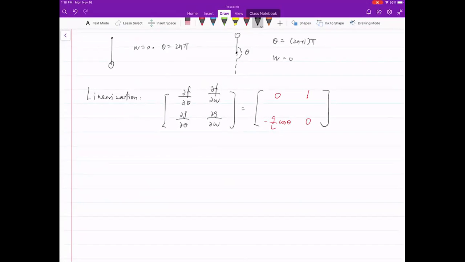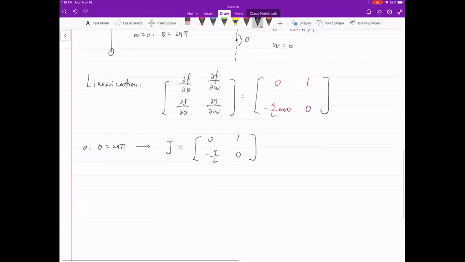That's your linearization. Now all you need to do is calculate your Jacobian at the first equilibrium. So let's put in 0, theta equals 2n pi. This implies your Jacobian is going to be this. Cosine 2n pi, that is cosine 0, is going to give you negative g over L. And if you plug in 0, theta equals 2n plus 1 pi, you find J equals 0, 1, 0.